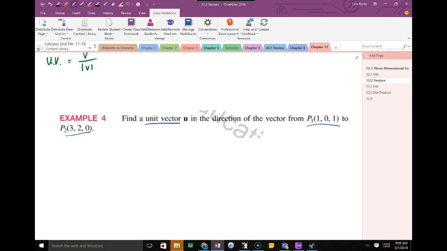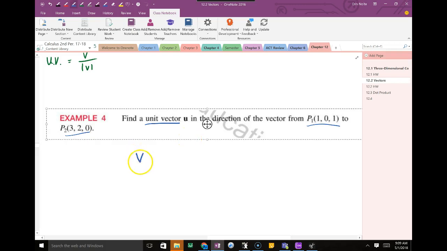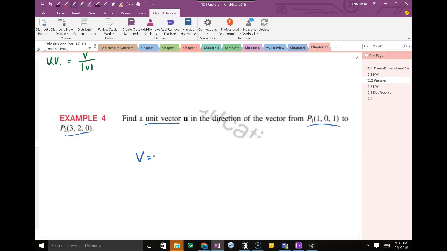Two points. So to find my vector, how am I going to find the component form? So you're thinking distance. I just want my vector form. So remember, this is where I do terminal minus initial. Which one is my terminal? Which one is my initial? P2 is terminal.